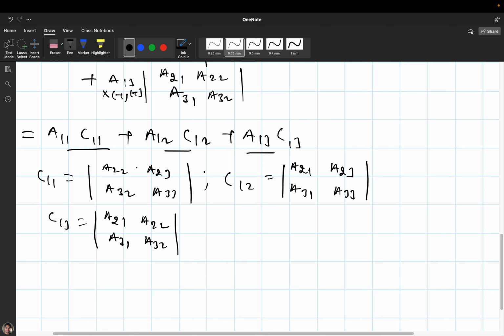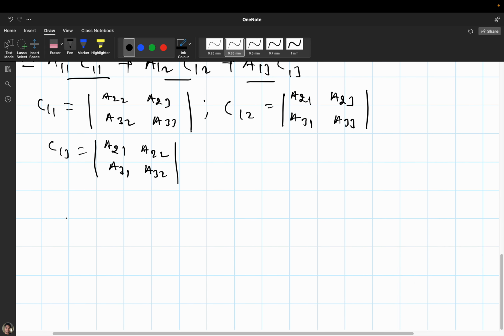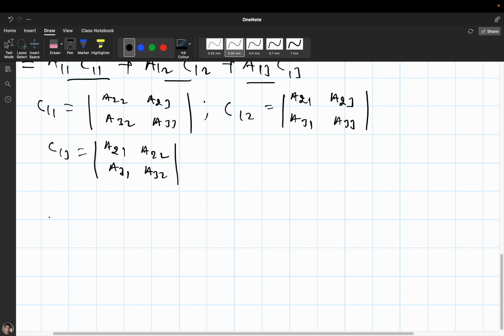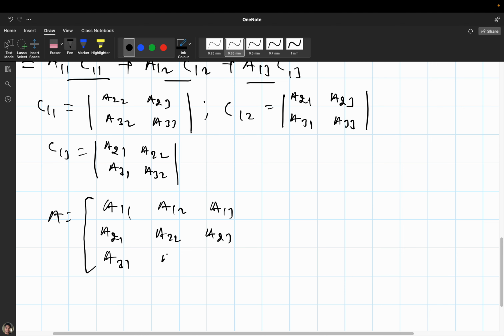But the point is, where are these three coming from? Now we will look at the matrices. That was A11, A12, A13, A21, A22, A23, A31, A32 and A33.